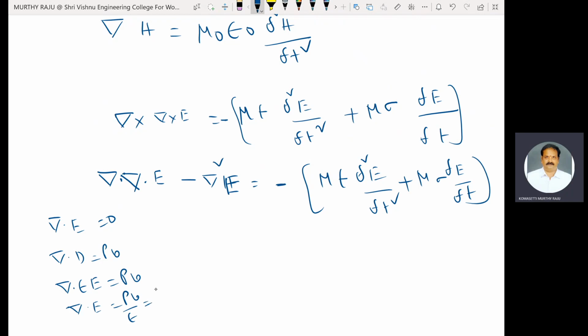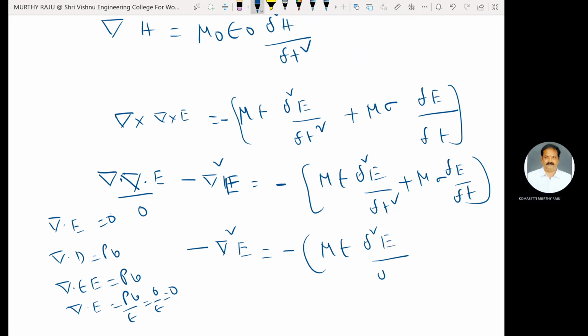For free space, rho v is equal to 0. Therefore, this term is 0, and minus del square E is equal to minus mu epsilon dou square E by dou t square plus mu sigma dou E by dou t.